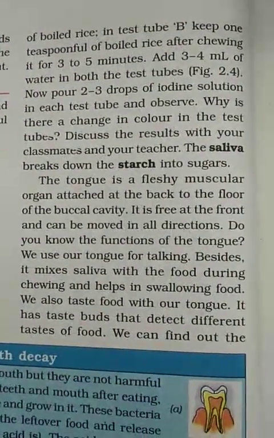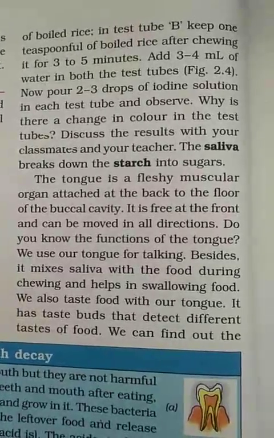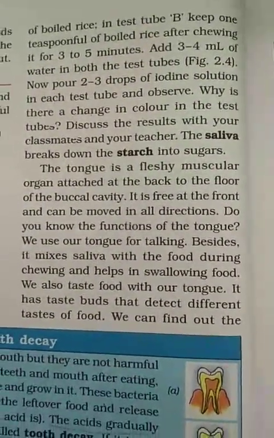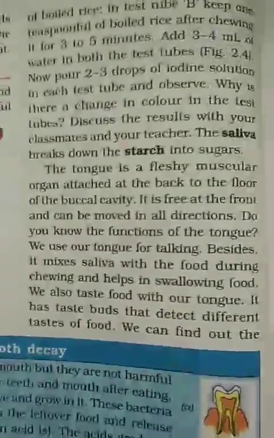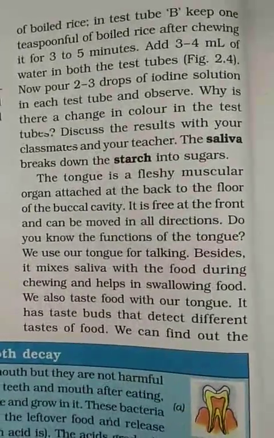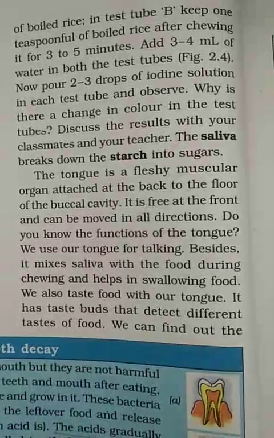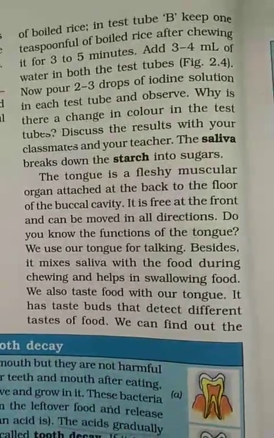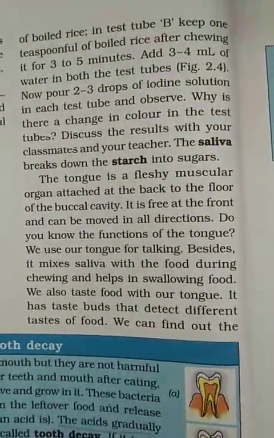Then add 3 to 4 ml of water in both the test tubes. Now pour 2-3 drops of iodine solution in each test tube and observe. Why is there a change in color in the test tubes? Discuss the results with your classmates, or we will discuss this.